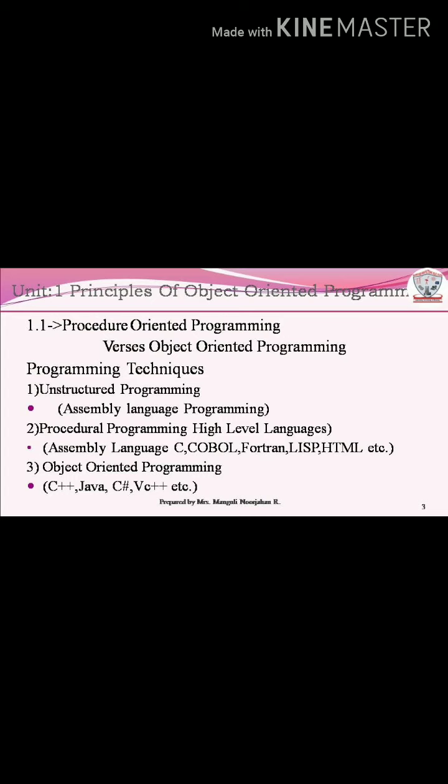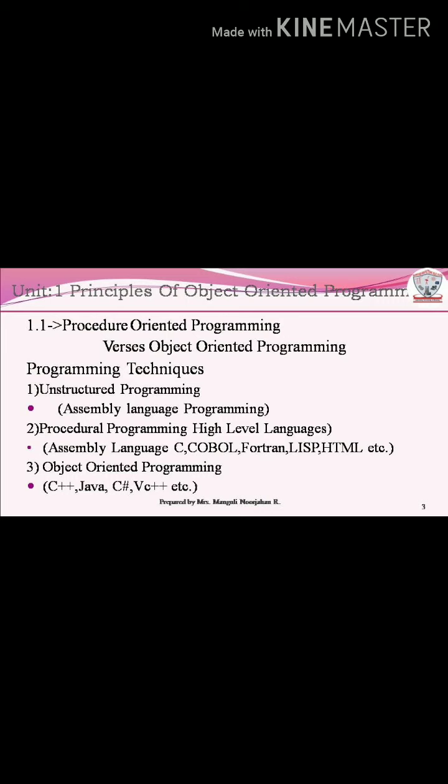Next, let's see the first unit, that is principle of object oriented programming. In this, we are going to learn 2 points, that is procedure oriented programming versus object oriented programming. Basically, the programming techniques or the programming paradigms are divided into three categories. The first one is unstructured programming.